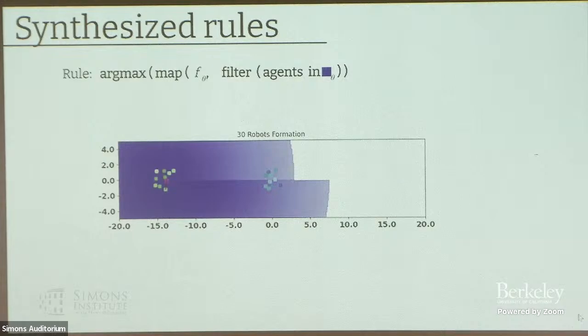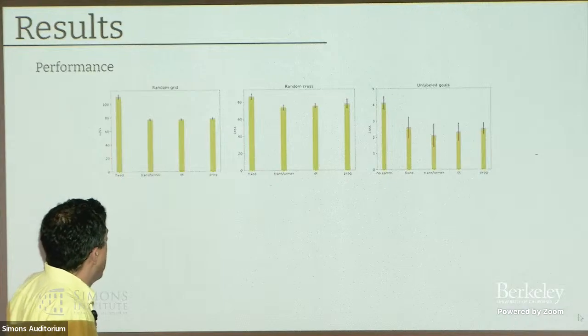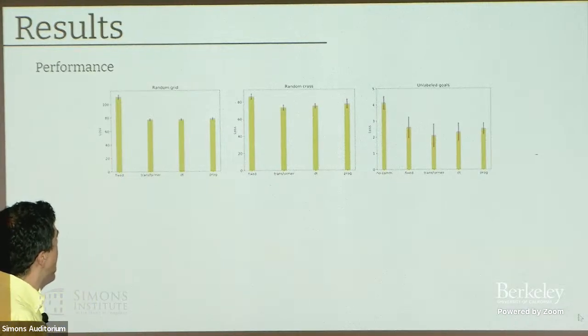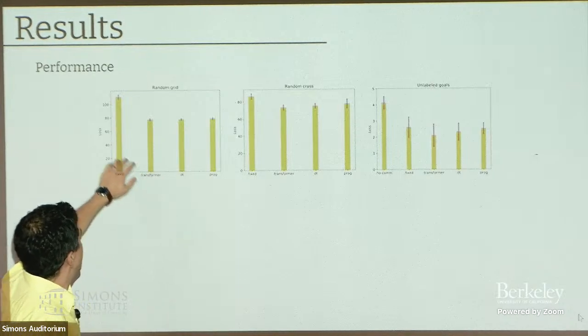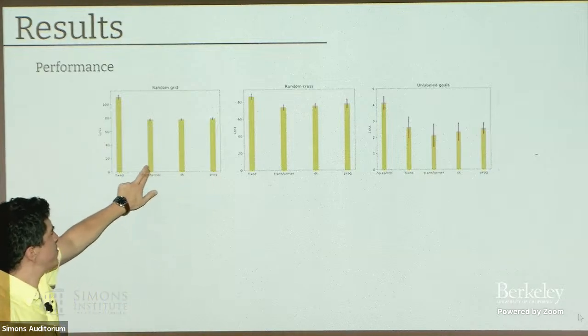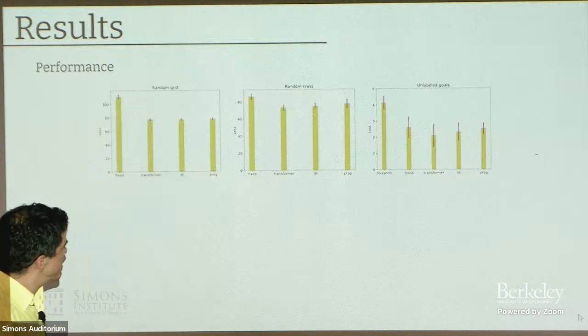When you do this, in terms of performance, I guess the resolution is not very high, but at a high level, this is the loss, so smaller is better. Here's our program. Here's the transformer. Here are two other baselines.